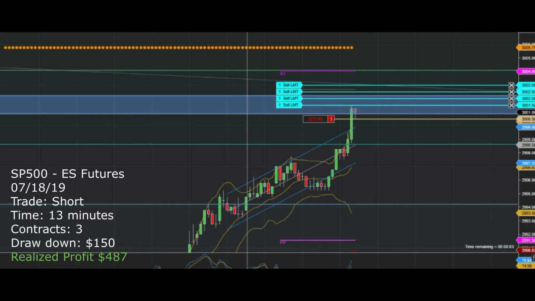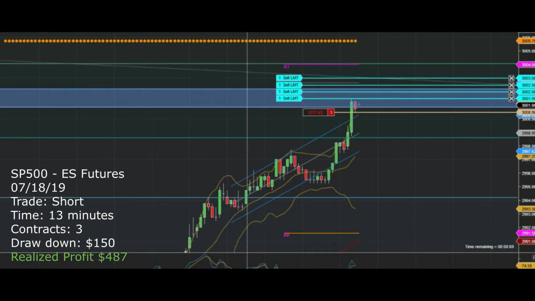Longs continue to try to push the price action upwards, but they're not making any progress. And so in theory, what will happen is as they begin to see they're not making any more progress, more and more traders will begin to bail on the trade on the long side, thus moving the price action downward.